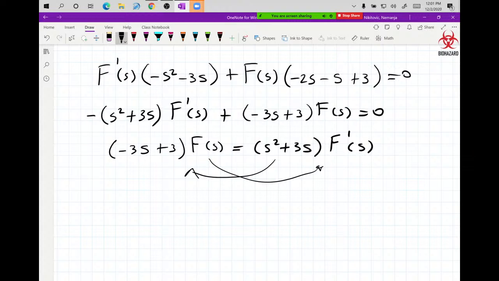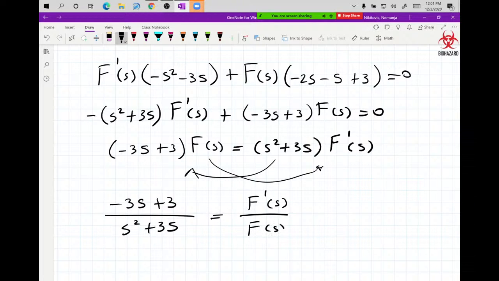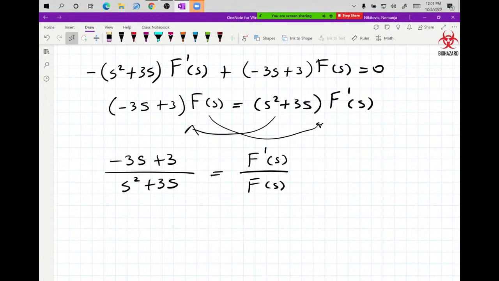So what you have is negative 3s plus 3 divided by s squared plus 3s is equal to f prime of s over f of s. So yeah, that problem was a little bit crazy, but you have now a separable equation over here that you can solve. You integrate both sides and you come up with whatever the answer is.